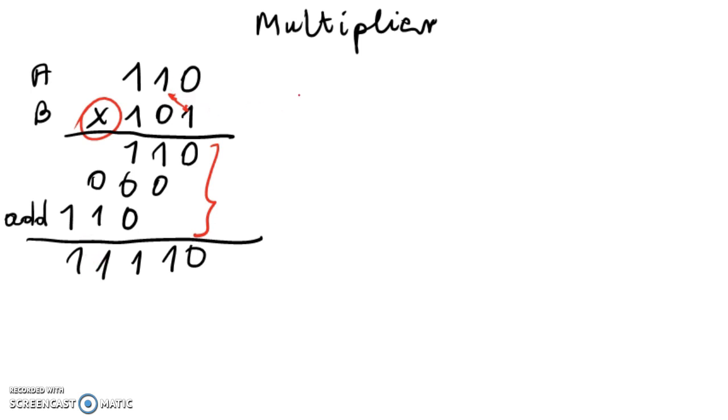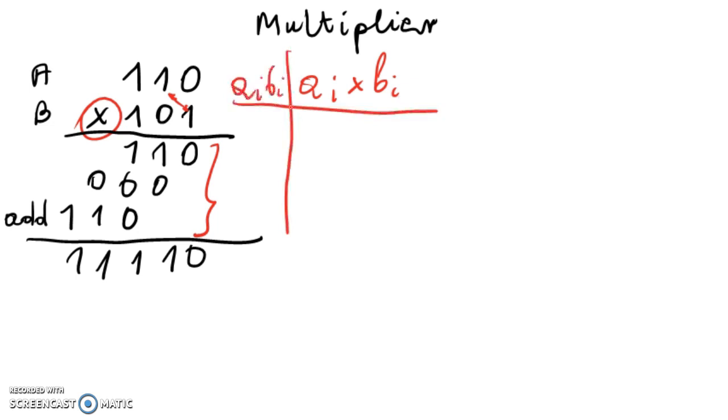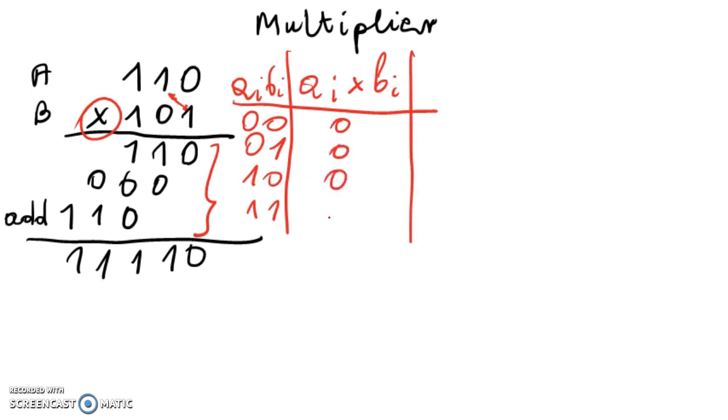So what do we do for each bit? We multiply ai times bi. Let's consider this operation. Let's put the values of these into a truth table, and the arithmetical operation 0 times 0, 0 times 1, 1 times 0, and 1 times 1. It is exactly the same as the logical AND operation.